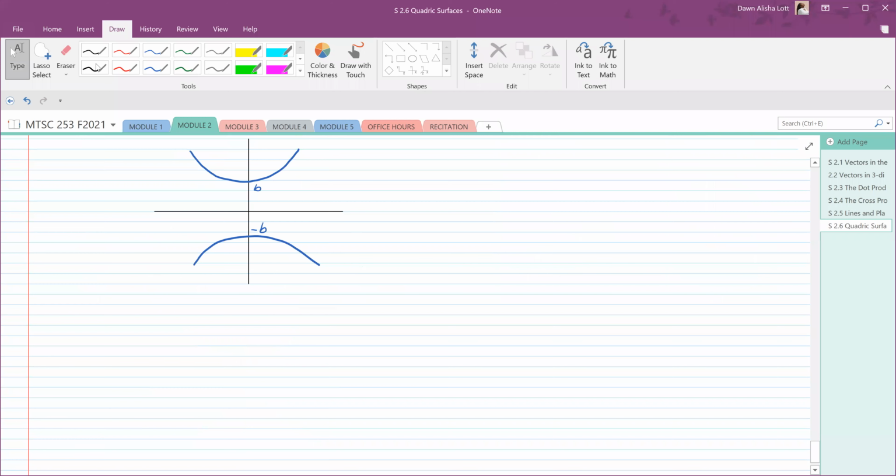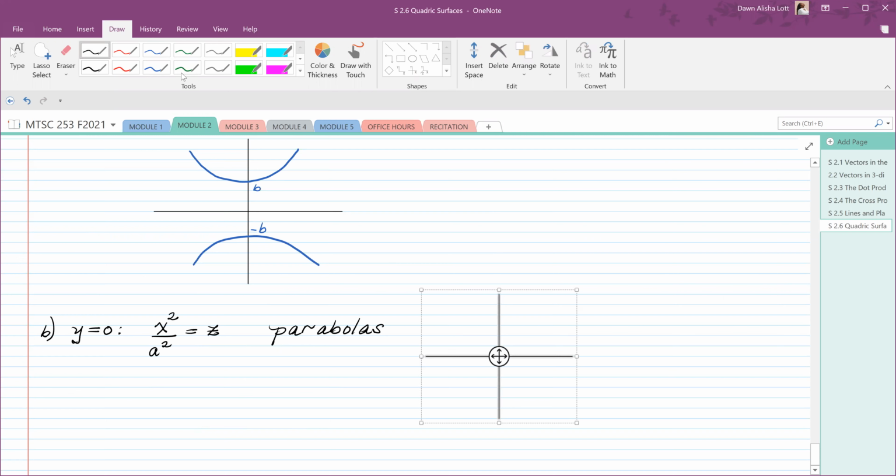All righty. Now what happens if y is equal to 0? So now I get x squared over a squared is equal to z. So I get parabolas that look like this.